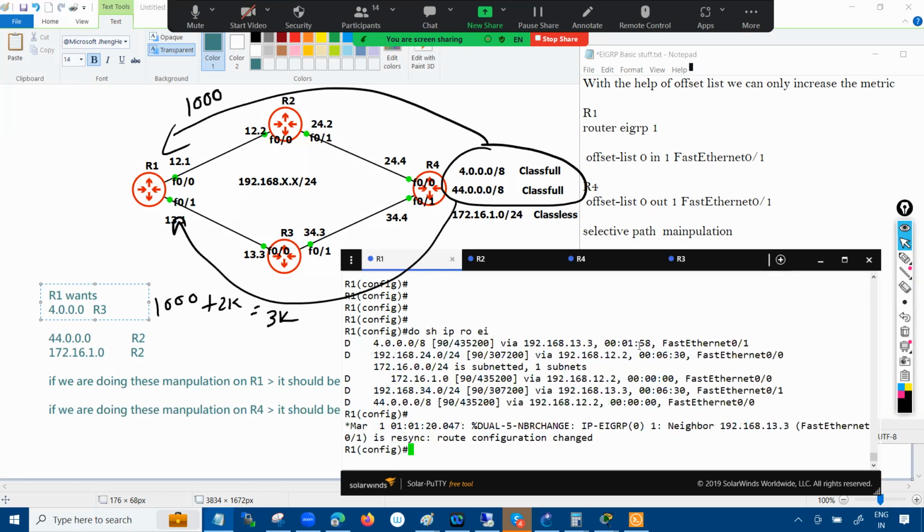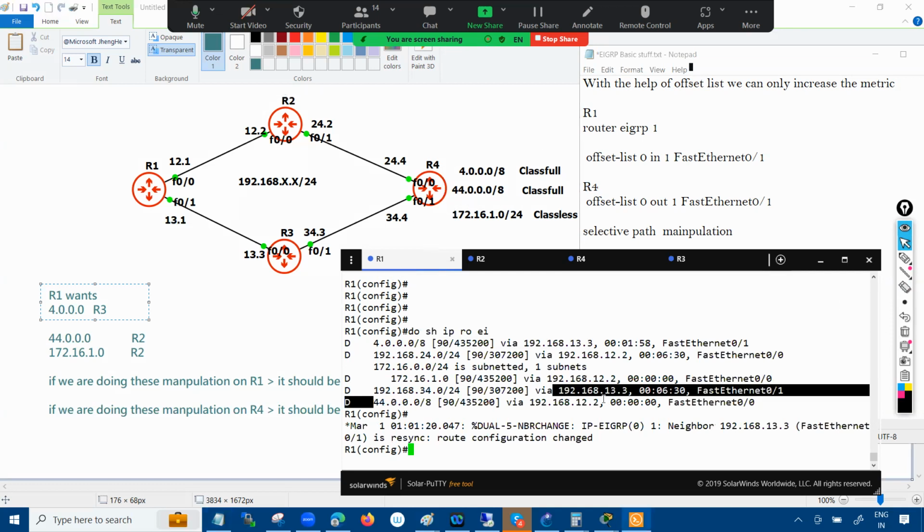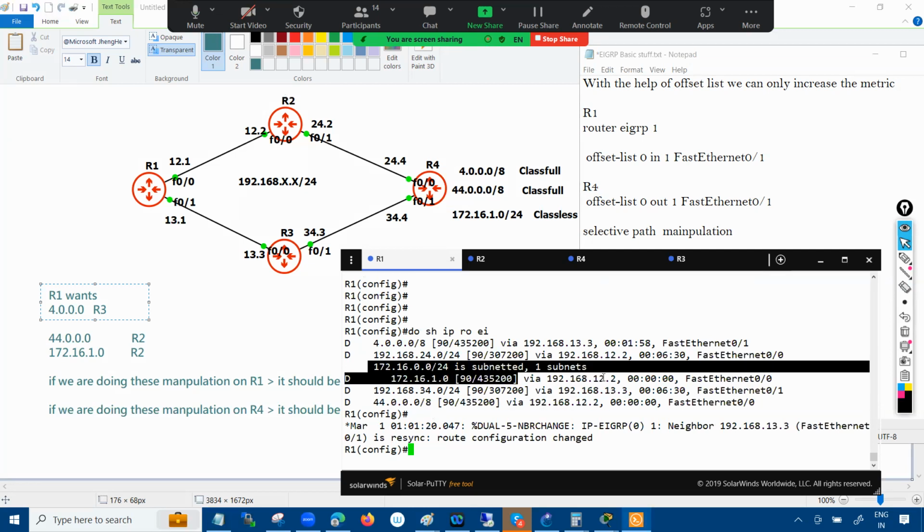Perfect, right? 13.3 for the 4.0.0 network, and for the 44.0, I have 12.2. So now I'm using my network smarter. I'm able to utilize both the links, man. So if the user is sitting behind this guy, and they send the traffic to the 4.0.0 network, the traffic will go this way.